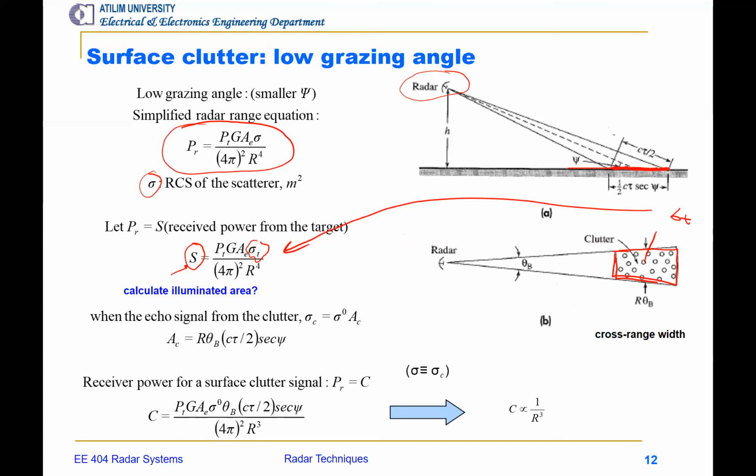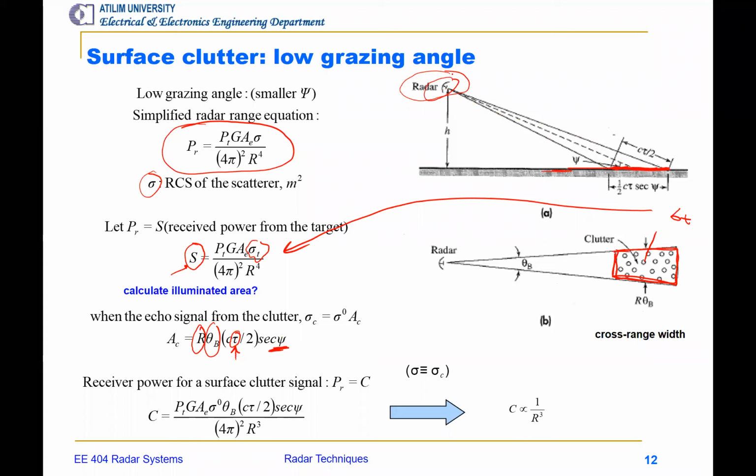Okay, so how about the received power due to this clutter, this surface? It's dependent on the pulse width, the range, and the beam width of the antenna, as well as the angle that is measured from the ground to the line to the radar.